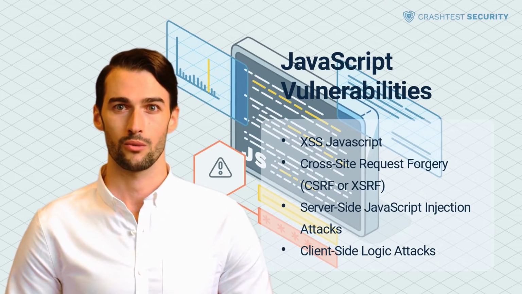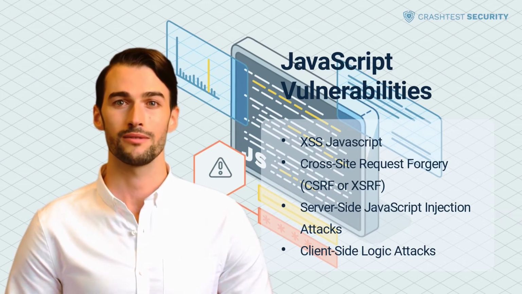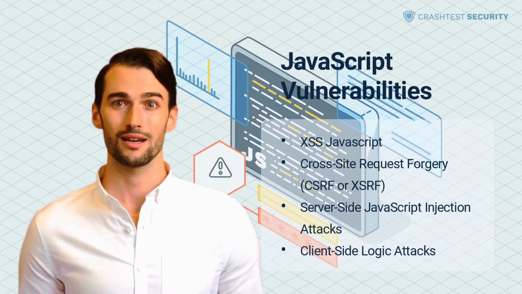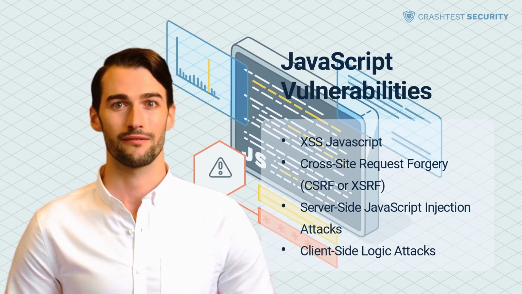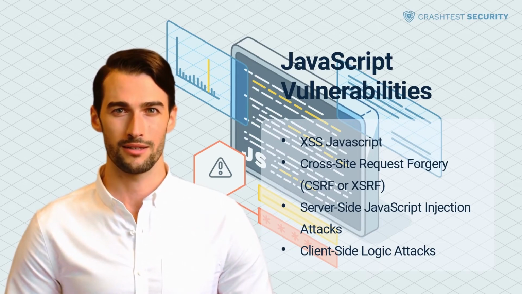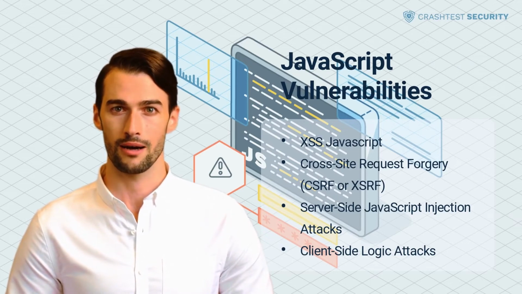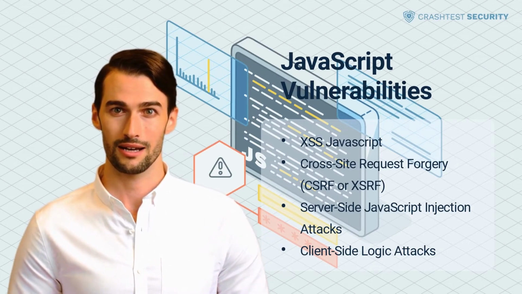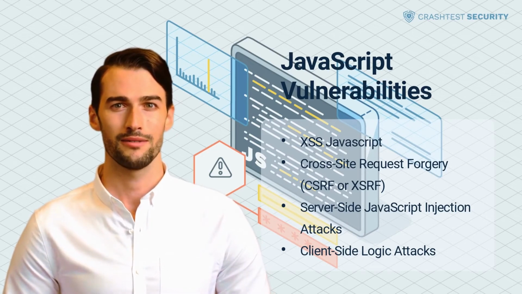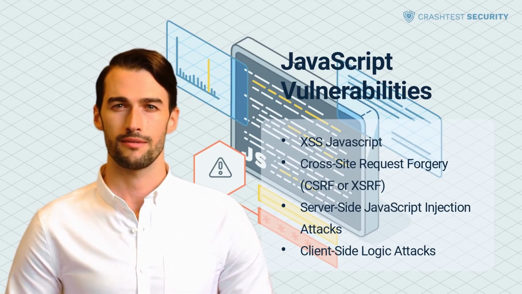XSS attacks or potential vulnerabilities can be prevented through filtering and sanitizing user input, using effective response headers, encoding data before output generation, utilizing content security policies, and regularly using an XSS scanner before every release.